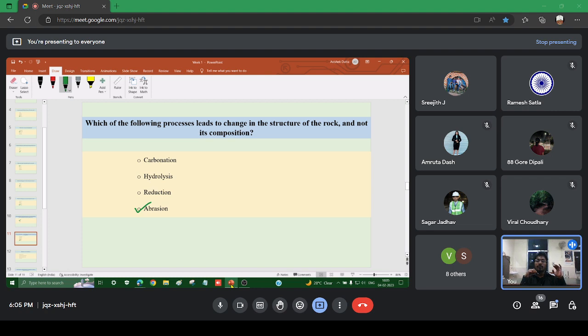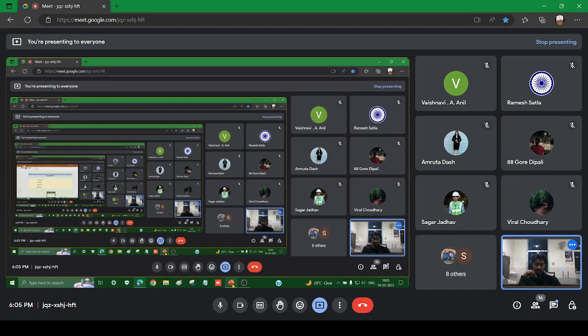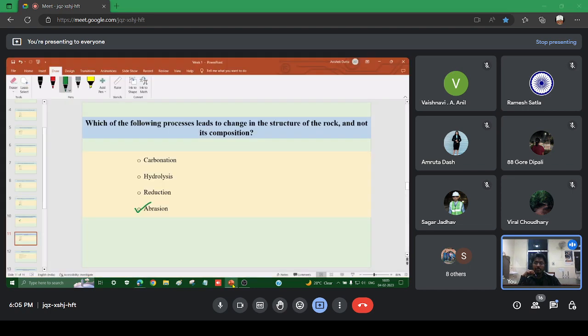So the first three processes, can anyone explain what is carbonation?